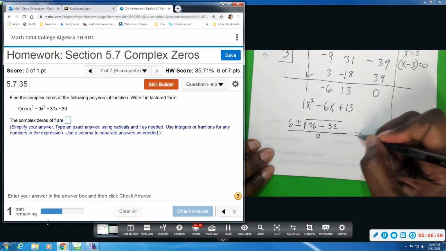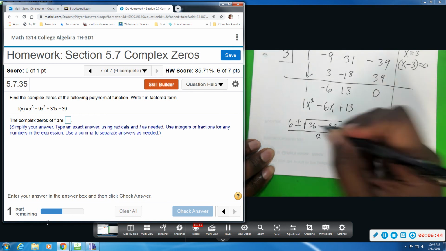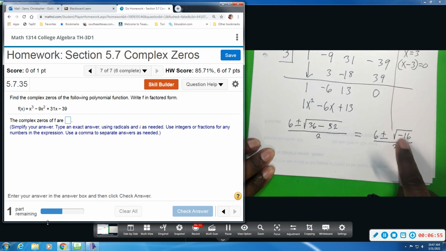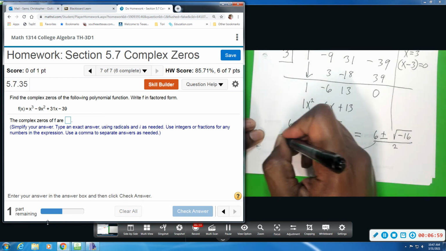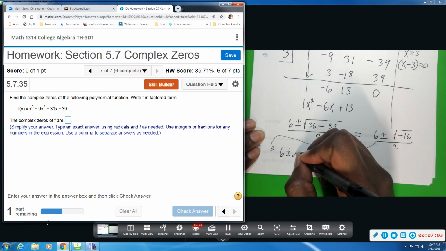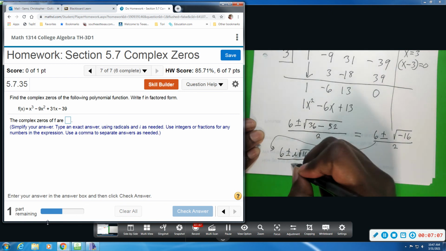All right, continuing, we get 6 plus or minus the square root of negative 16, divided by 2. A negative under the square root will give us imaginary, so we get 6 plus or minus the imaginary square root of 16 divided by 2.